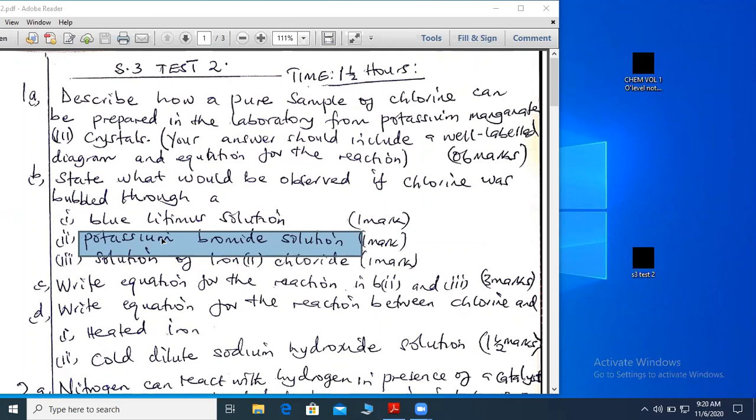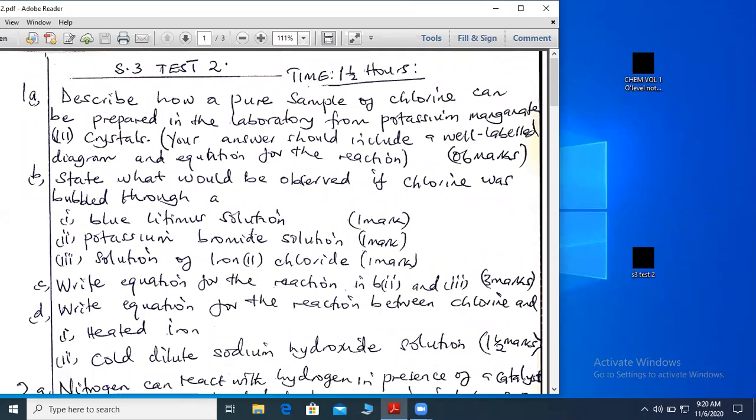Then we said you can be asked to explain that, and the explanation was chlorine is more reactive than bromine. Don't mix. When you are using chlorine, use chlorine and don't mix with bromide ions. When you are using chlorine, it goes with bromine. Don't mix with bromide ions.